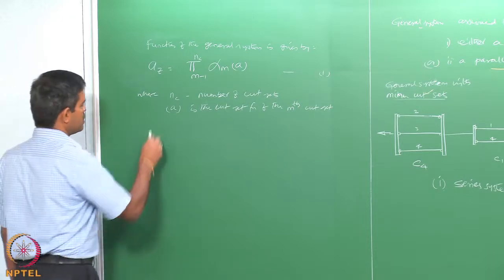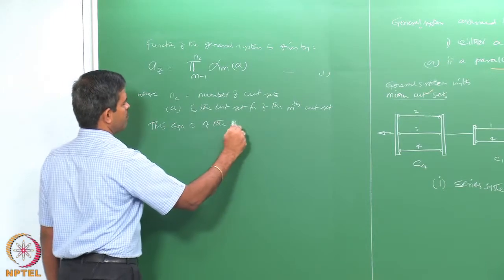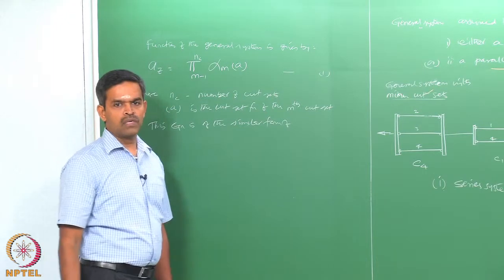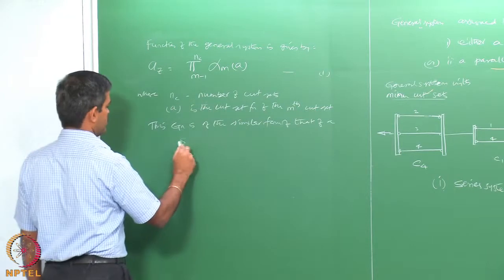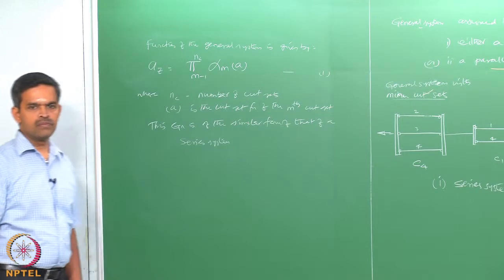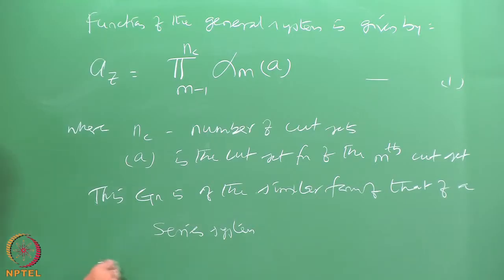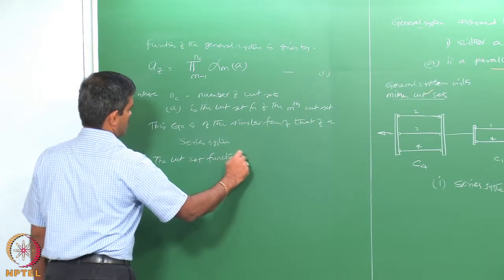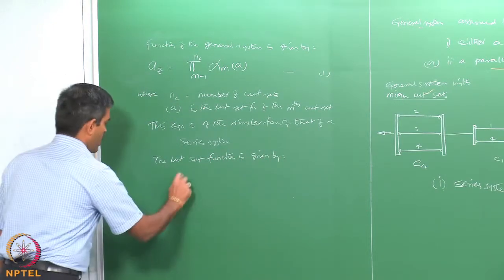Now, you can see here this equation is of the similar form of that of a series system, is it not? So, pi function, for which the cut set function is given by alpha m a.